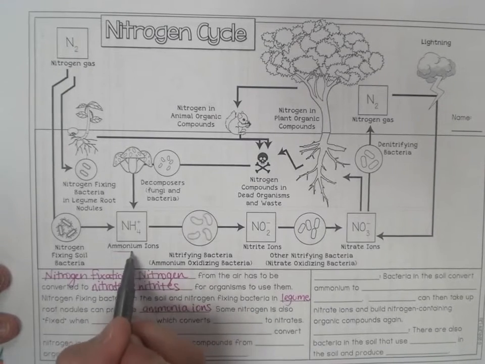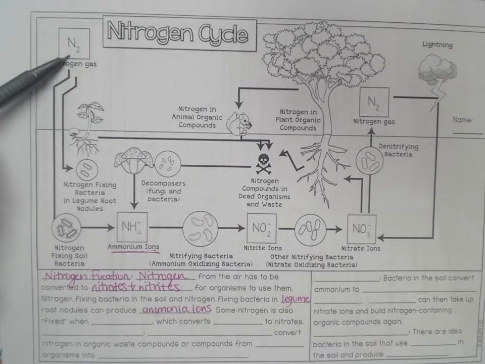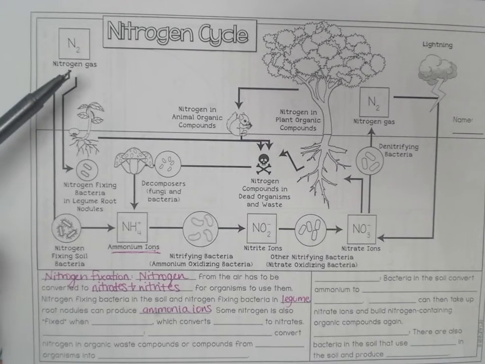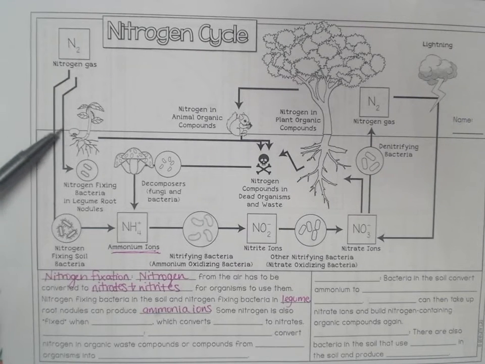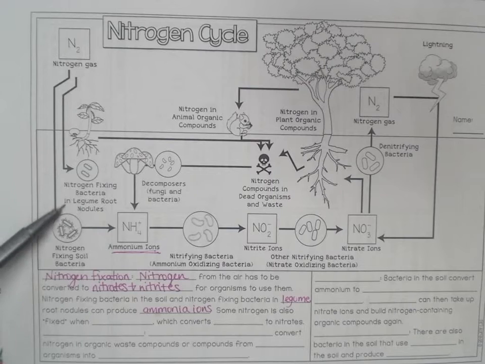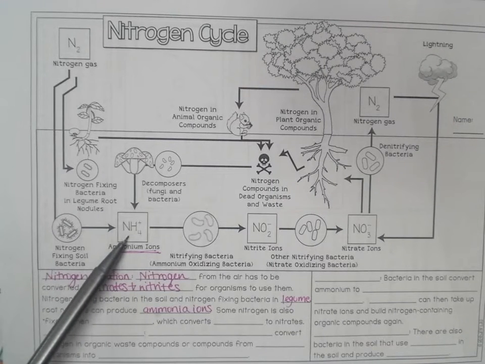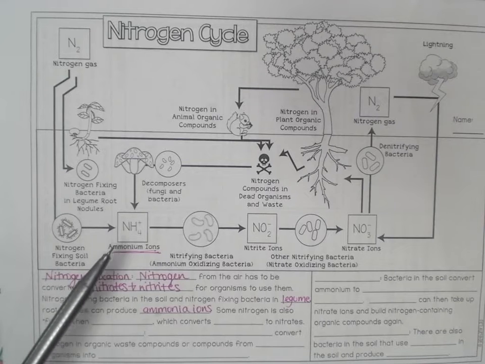So these are our ammonia ions here. Okay? So there's nitrogen gas here in the air, up here. It's being fixed by these bacteria that are in the roots and in the soil and becoming ammonium ions.